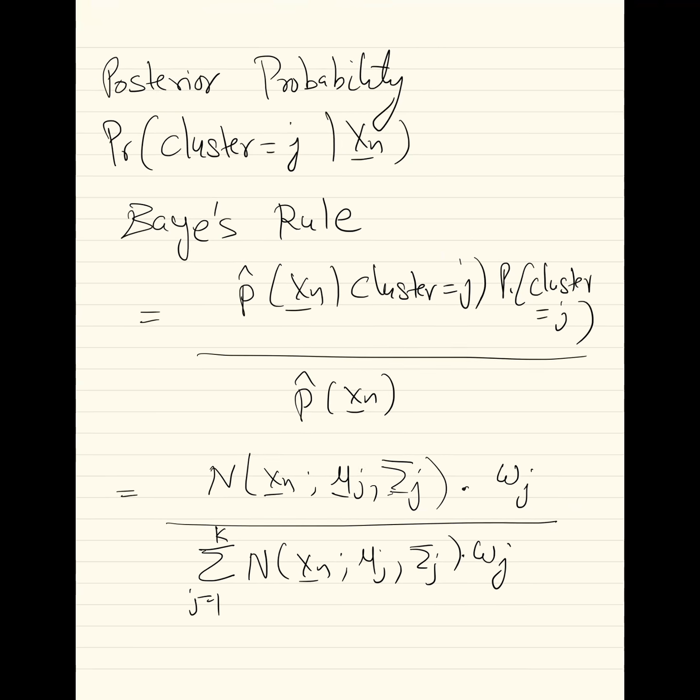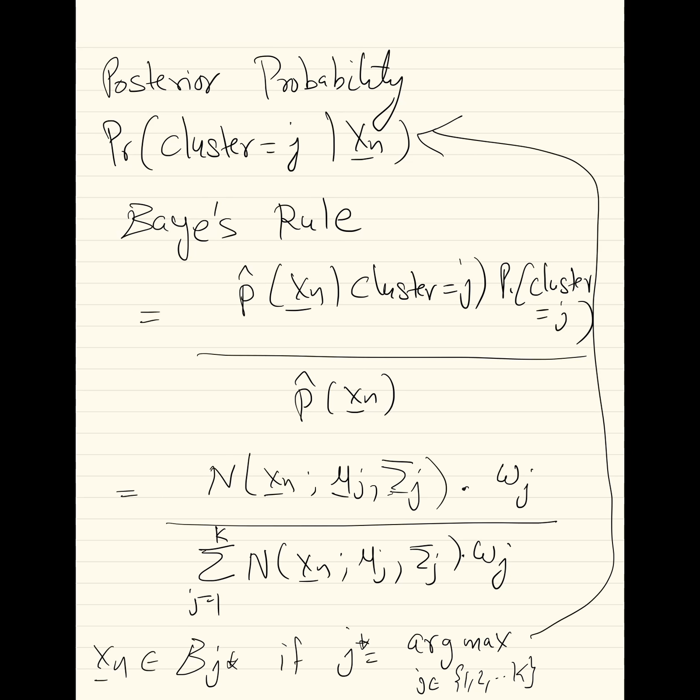And so what I do then is say xn belongs to bj star if j star is the argmax of this quantity, the posterior probability.